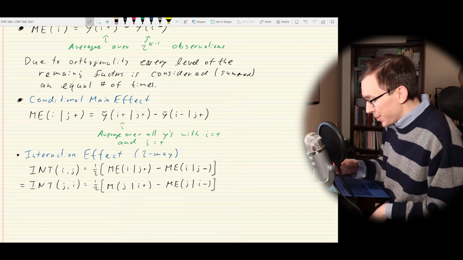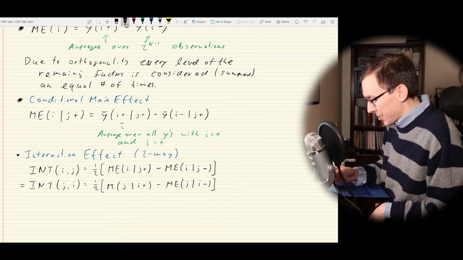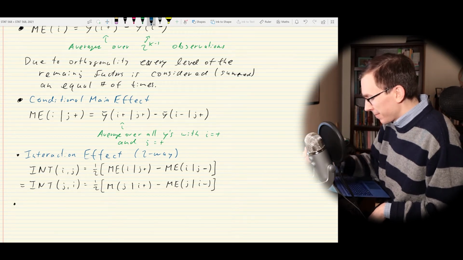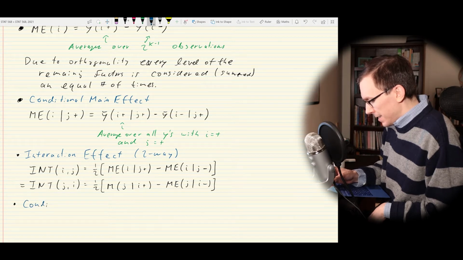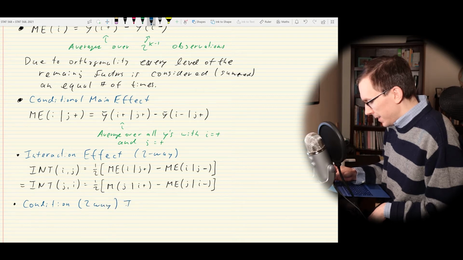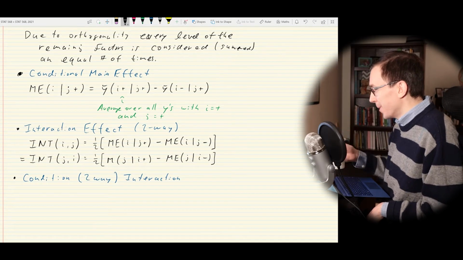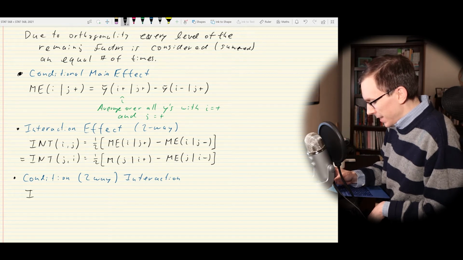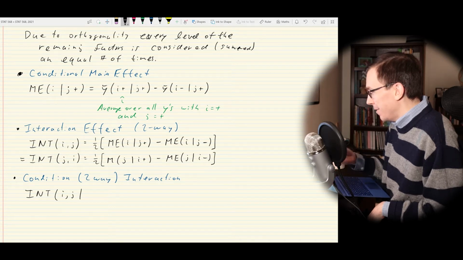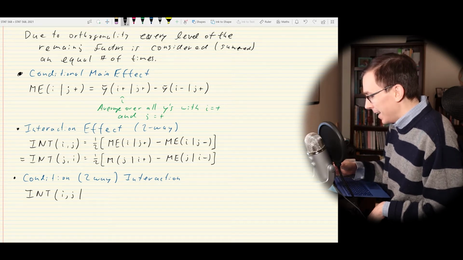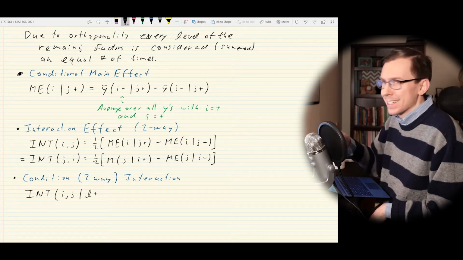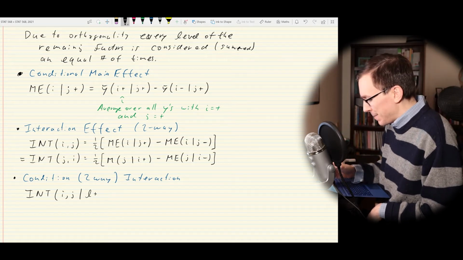And then what we'll do is we'll do a conditional two-way interaction. And there we're going to do this exactly the same way we did it before. We're going to use the notation, the interaction between I and j given a fixed value of factor L. I'm going to use L and not K because K is the total number of factors that I am testing.